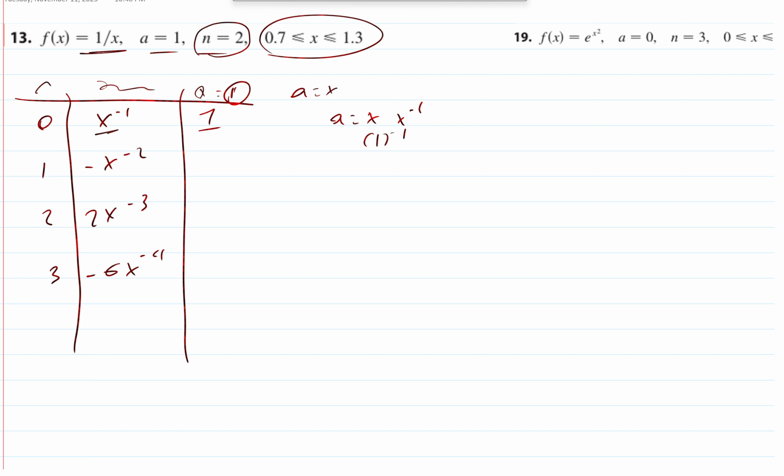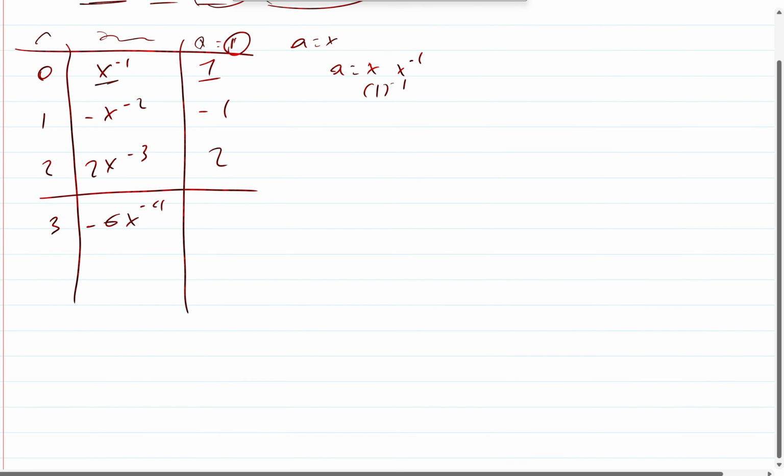Then f prime is going to be negative 1, and f double prime is going to be positive 2. We're going to leave the third one alone for now and worry about that later.